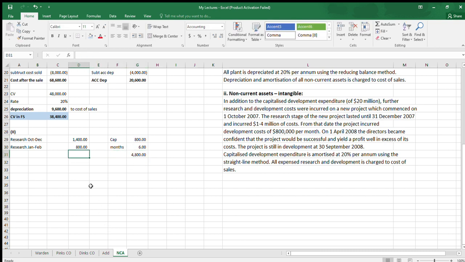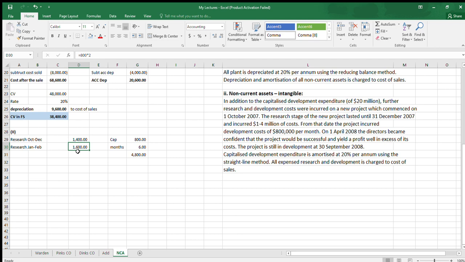And here the 800, that is January to February, multiplying 2, which is 1,600. Okay, very good.